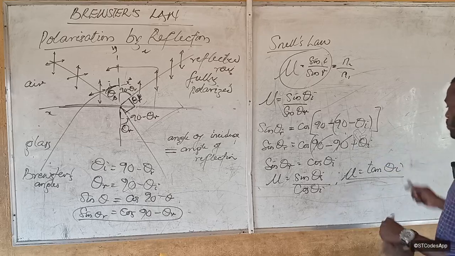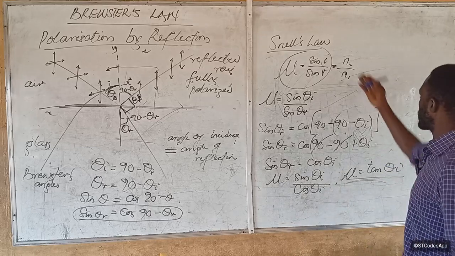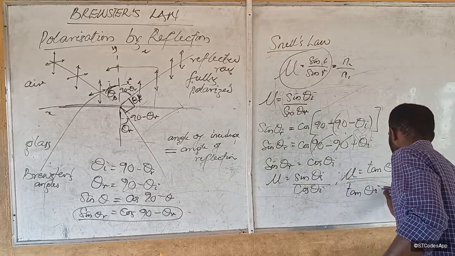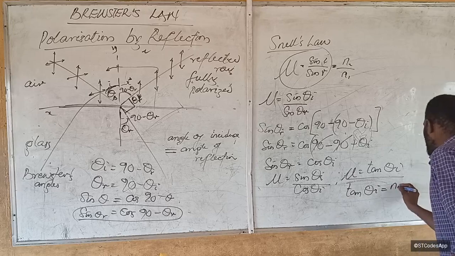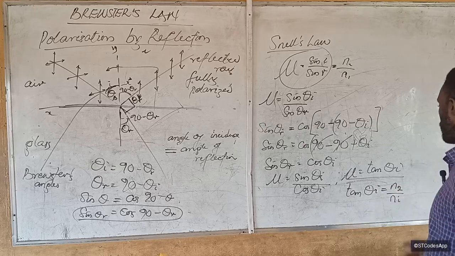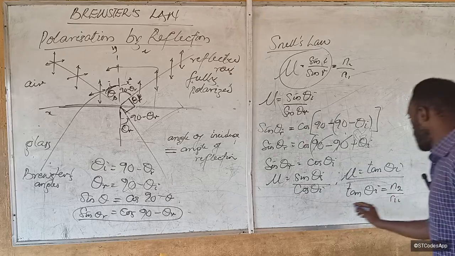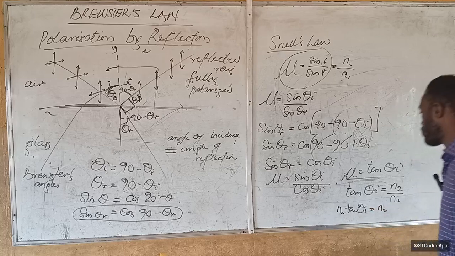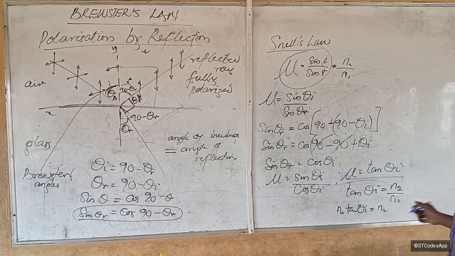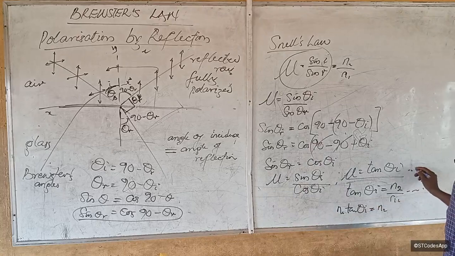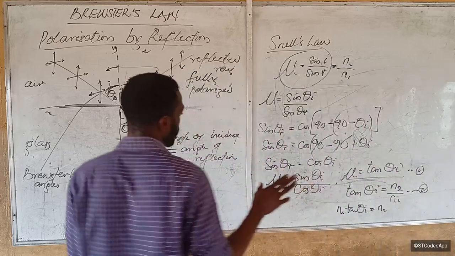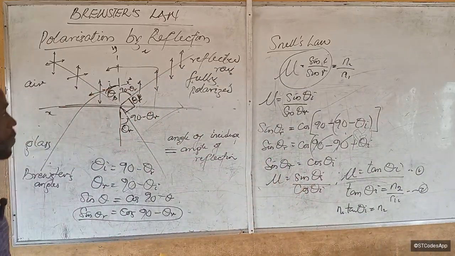But mathematically, this is Brewster's law. Or you can replace this mu by this so that we have tan theta I equal to n2 over n1. Okay? So that n1 tan theta I is equal to n2. Alright? And just begin to derive your equations from there. If this is equation 1, this is equation 2. Okay, so that's the mathematical proof for Brewster's law.